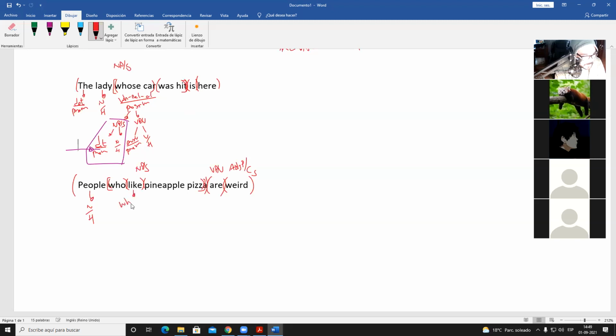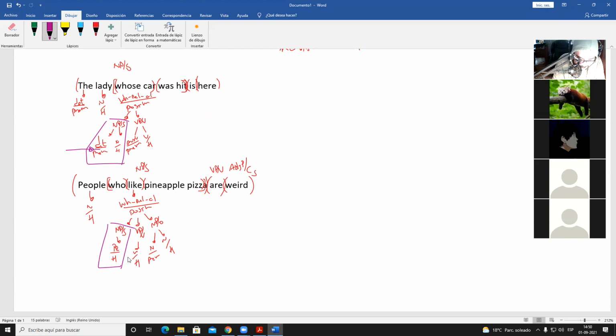This is another WH relative clause, also post modifier, but it is made by the presence of a noun phrase subject, where we have a relative pronoun, a verb phrase with a verb head, and finally a noun phrase object, where for me pineapple is a noun pre-modifier and then pizza is the noun head. And the interesting thing goes over here.